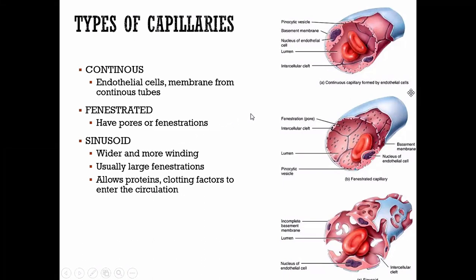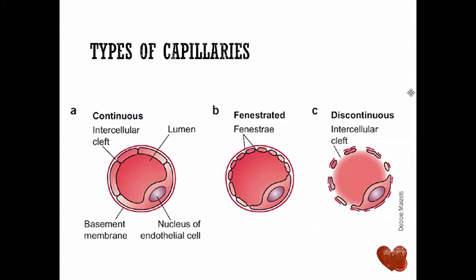Okay, here you are, but we have here a better view. Here, you have the continuous. Take note, these are continuous here. There is a cleft, continuous. Okay. Attached to the basement membrane. You have continuous. There you are.